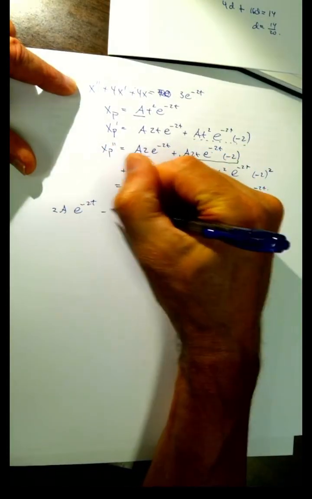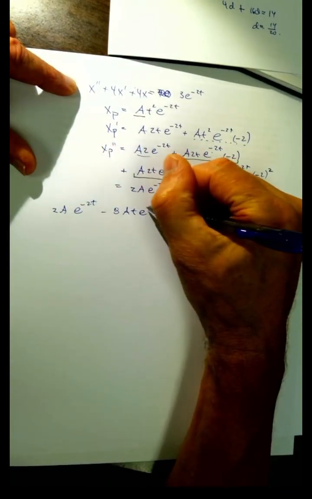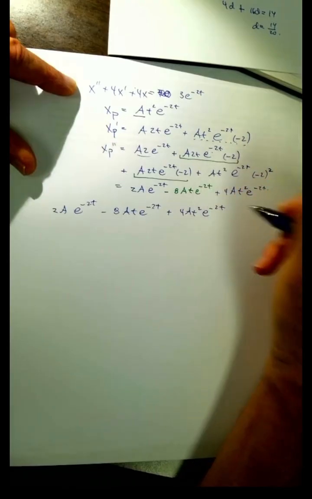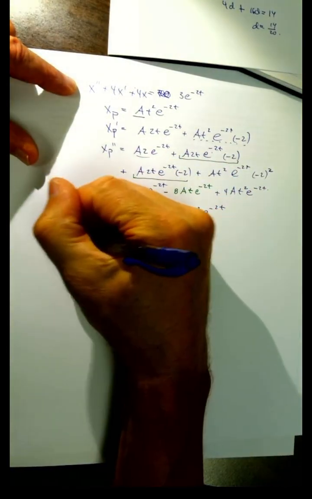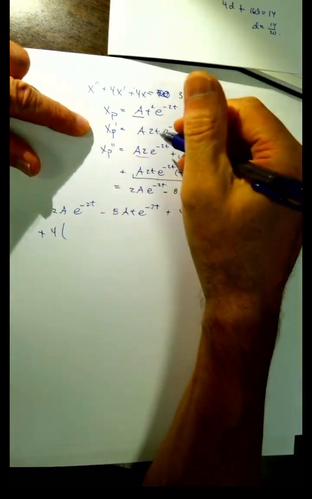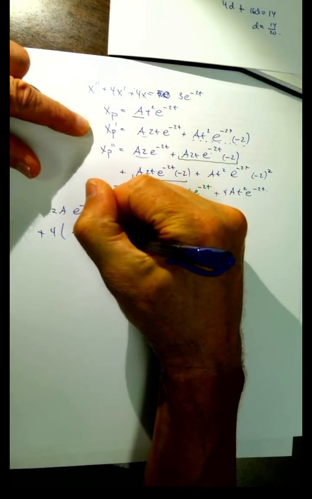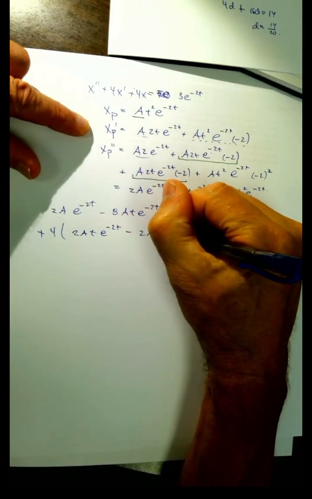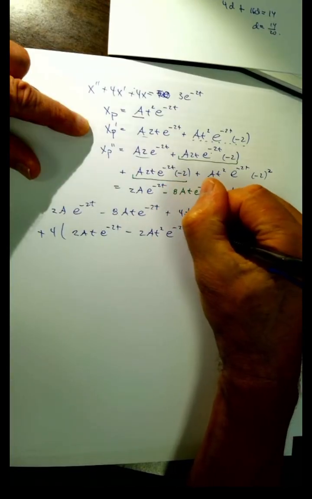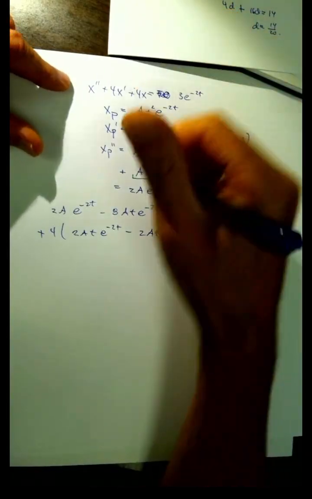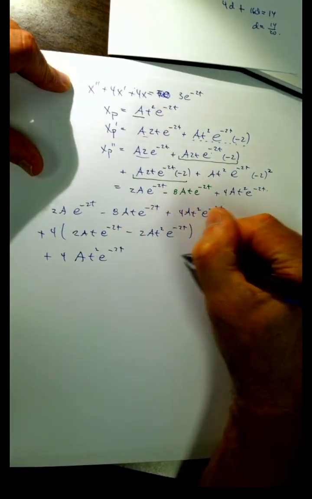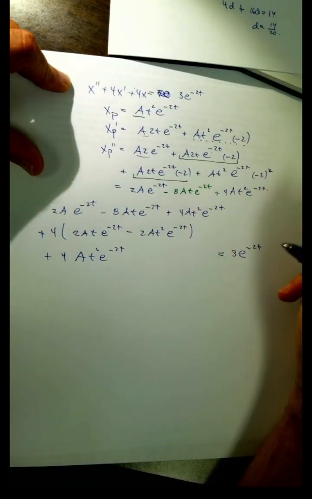Second derivative is 2a e to the minus 2t minus 8at e to the minus 2t plus 4at squared e to the minus 2t, plus 4 times the first derivative, so this becomes 2at e to the minus 2t, and then bringing that minus 2 to the front, I get minus 2at squared e to the minus 2t, and then I'm going to have plus 4 times x, so I get 4at squared e to the minus 2t, and all that is 3e to the minus 2t.